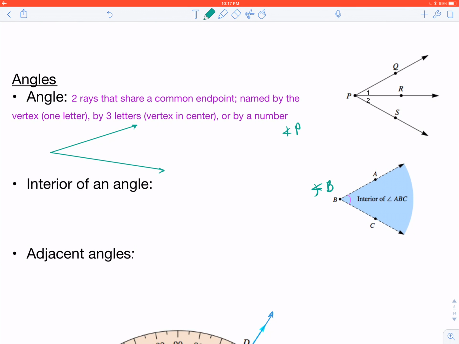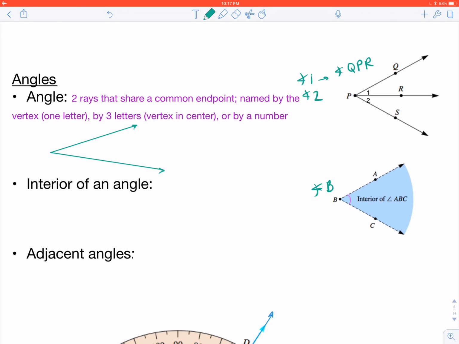So the only thing that I could do then is to use either the three-letter naming or I can use the number naming. So I could talk about in this picture angle 1, angle 2. That's two different angles. I could talk about angle 1 is the same thing as angle QPR.